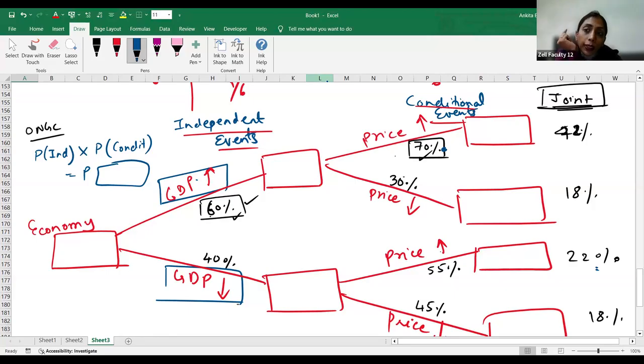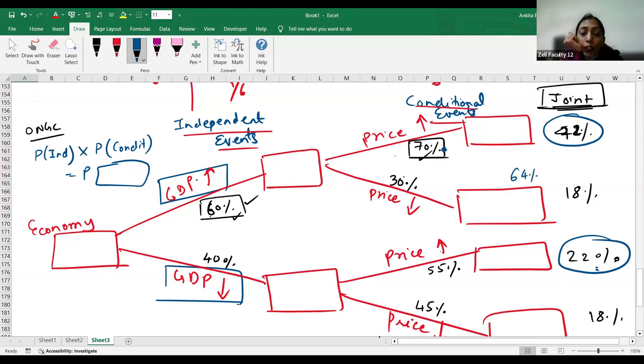I'm asking what is the probability of price increase? 64. So the probability of price increase is 42 plus 22. The probability of price increase is 64.